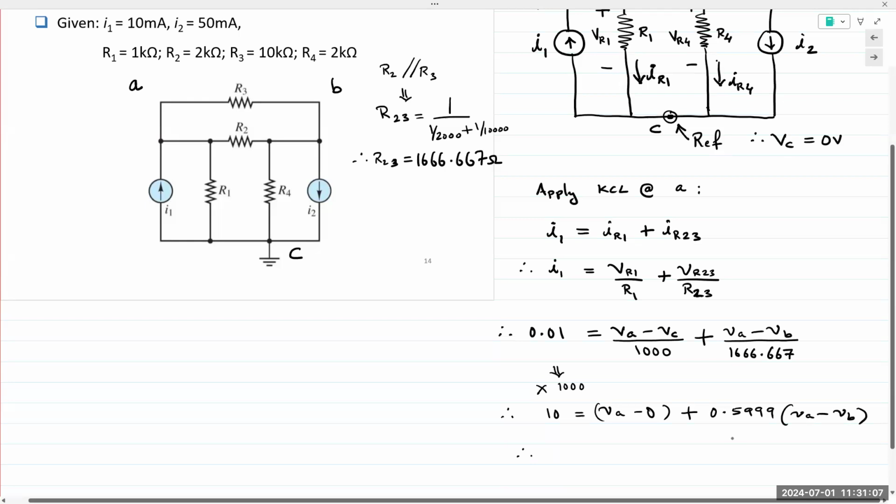Reduce this expression and you obtain VA minus 0.5999 VB is equal to 10.